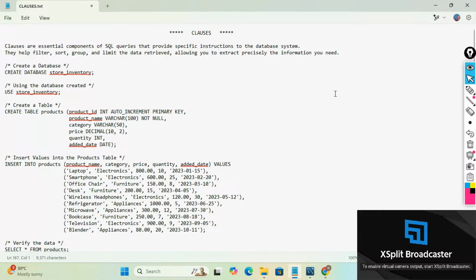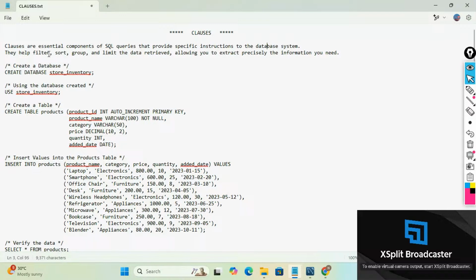The next topic that we have started is clauses. So what are these clauses? Clauses are the core components of SQL queries. The reason is they provide instructions to the database system. How do they help us?